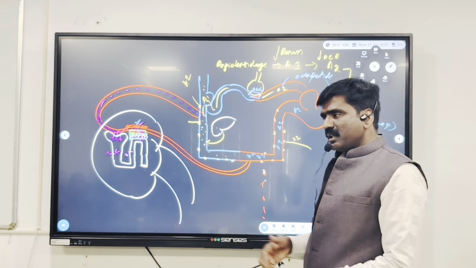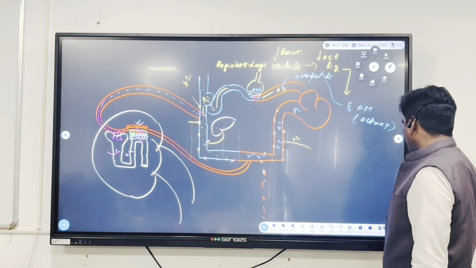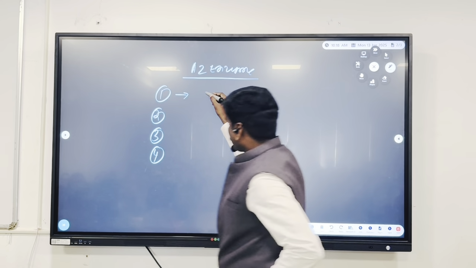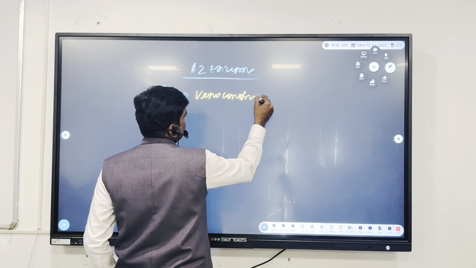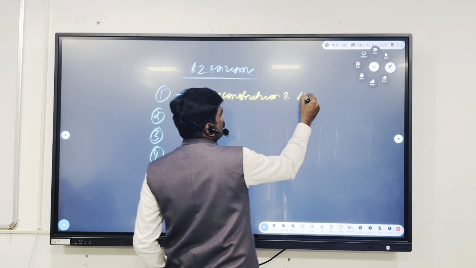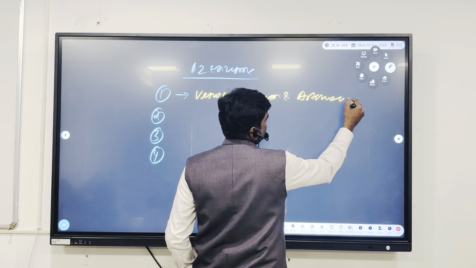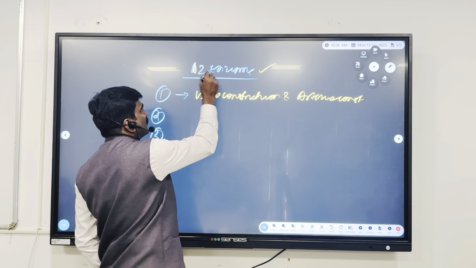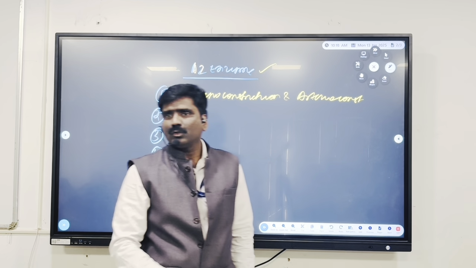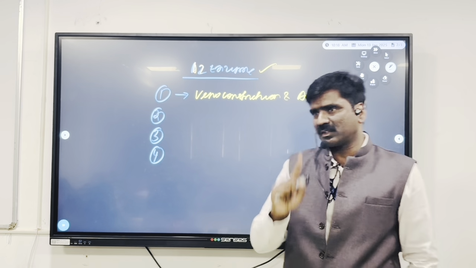Diastolic blood pressure will increase. So this is the first attempt to increase the blood pressure: venoconstriction and arterioconstriction. This is the first function of angiotensin 2, right?